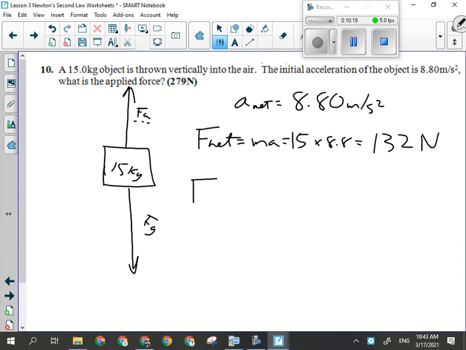Well, then I have to remember that the other way to calculate net force is the vector sum of all forces: Fa plus Fg. Now, can I calculate Fg here as well? Right, gravity is mass times acceleration due to gravity. We're looking for Fa, so I'm going to subtract Fg over to the other side. So F net minus Fg equals Fa.